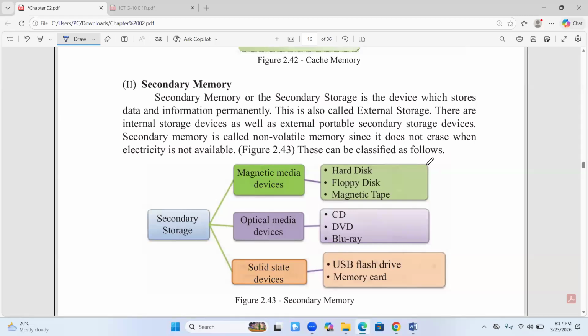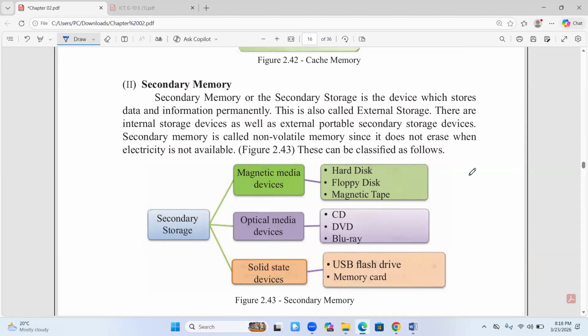Yes, sir. Right. So in the secondary storage or secondary memory part, we can classify those devices into three types according to the technology and the capacity.